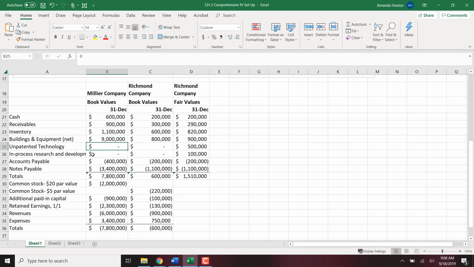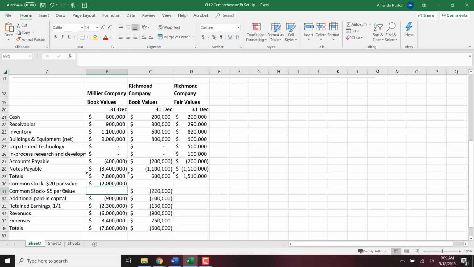They don't have unpatented technology or in-process development. They have accounts payable, and they list all their liabilities as a negative number in here. That's just how the book sets up the problem. They have notes payable of $3,400,000 for a total of $7,800,000.